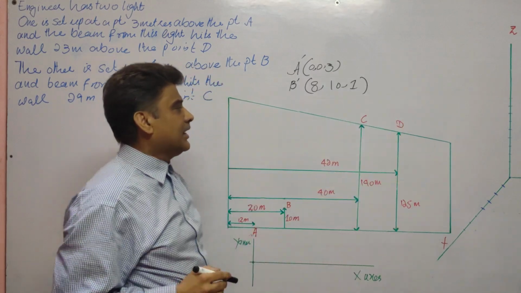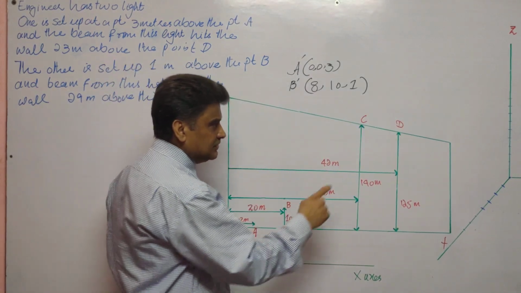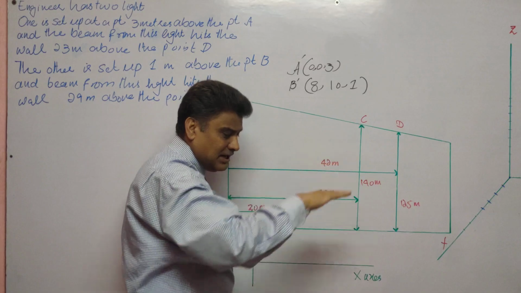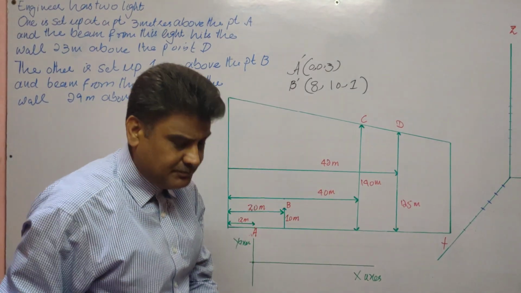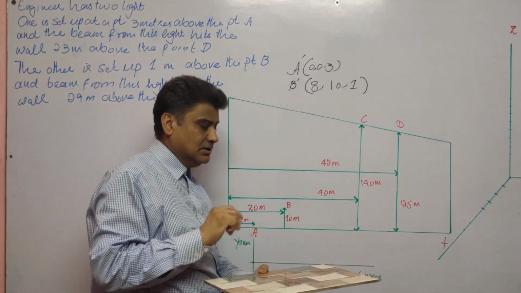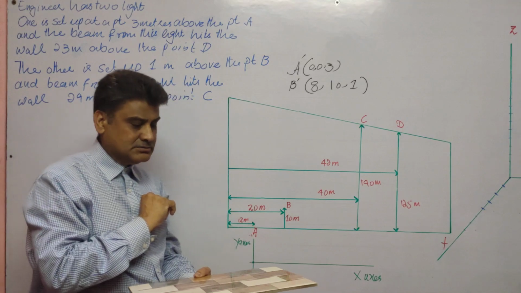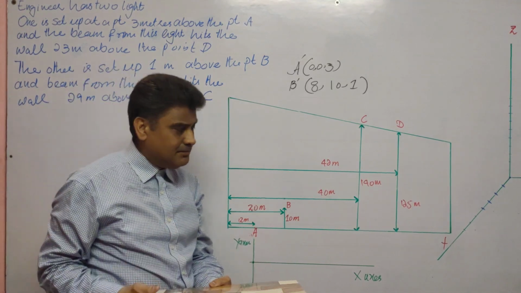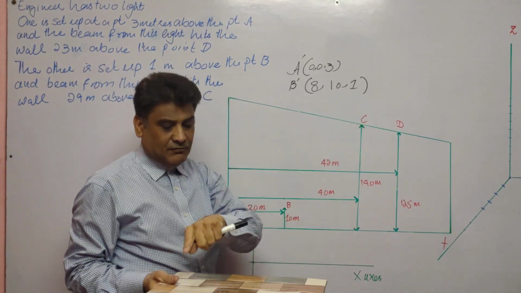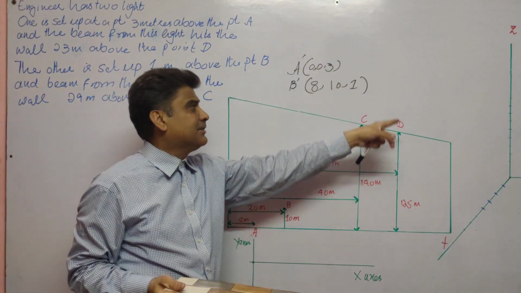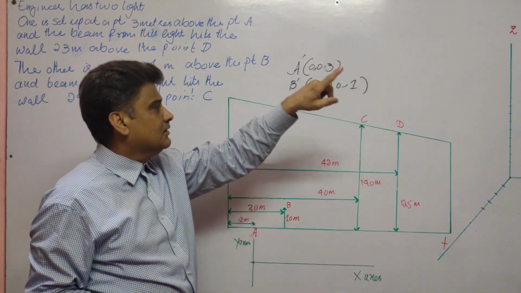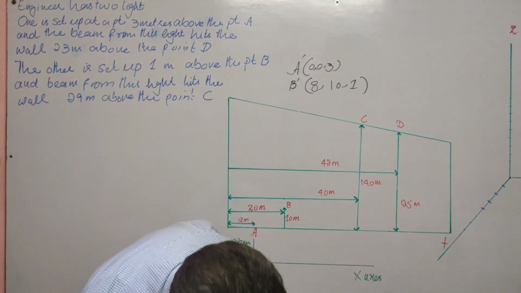This point D lies in the plane. This point C also lies in the plane. And D prime is the point where the beam of light hits the wall.